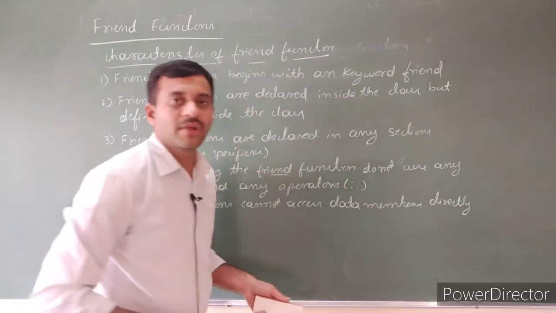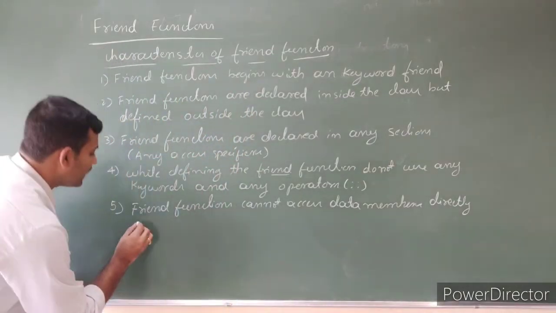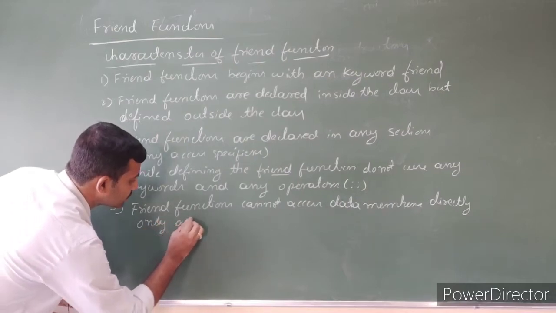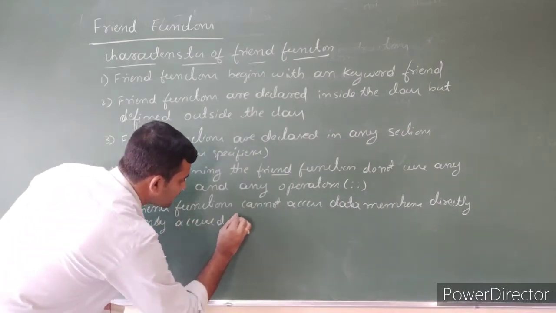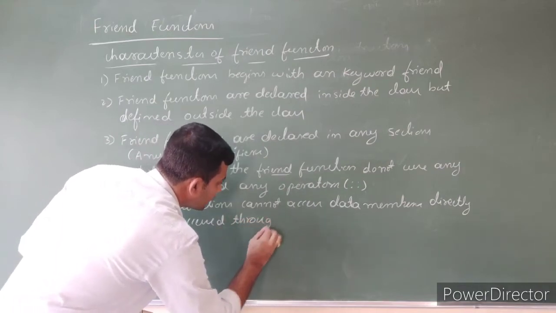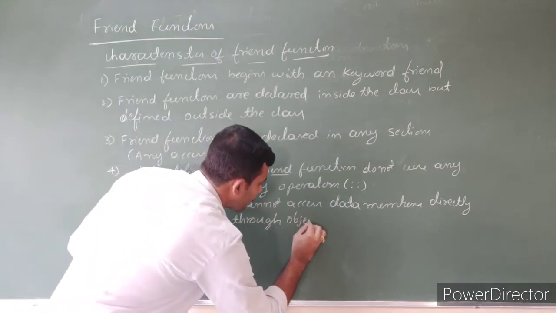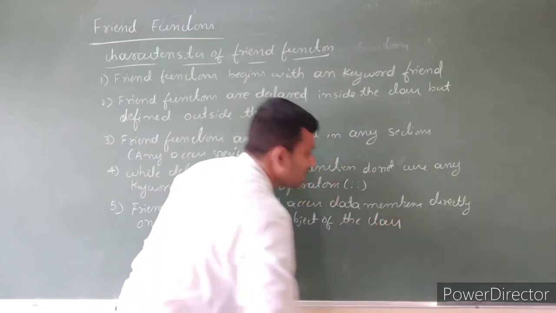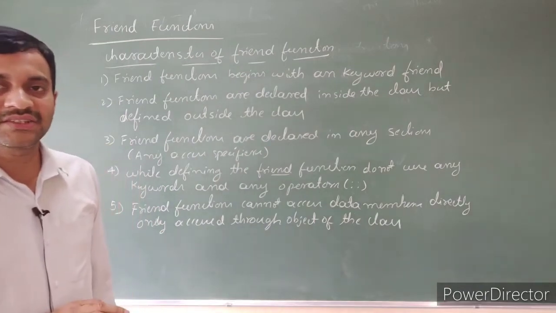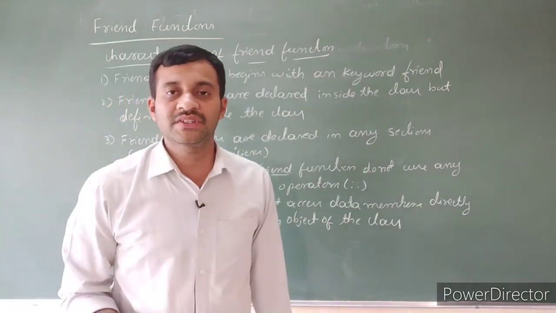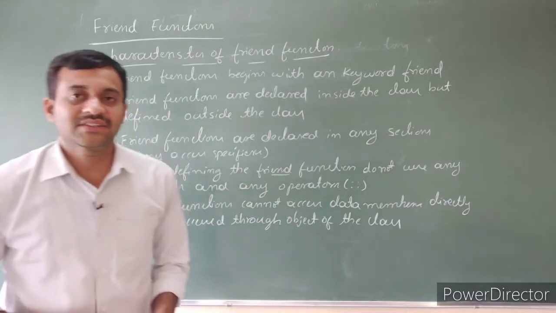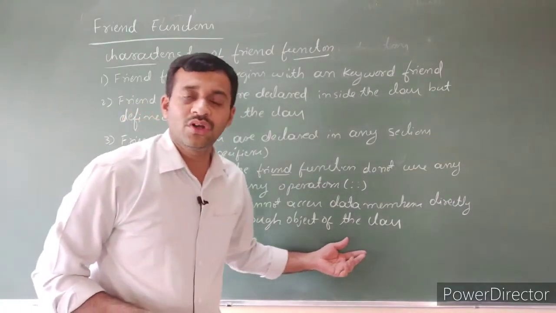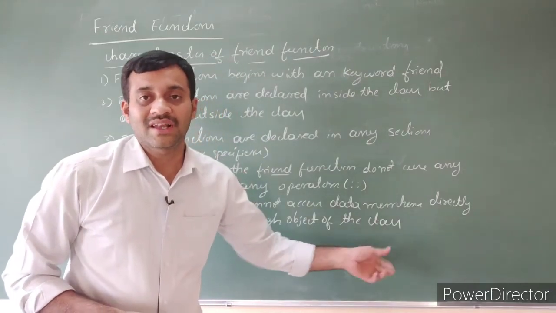They can only access them through an object of the class. The friend function cannot access the data members directly because it is a non-member function. It does not belong to a particular class, hence it cannot access them directly. But it can access data members only through an object of that class.